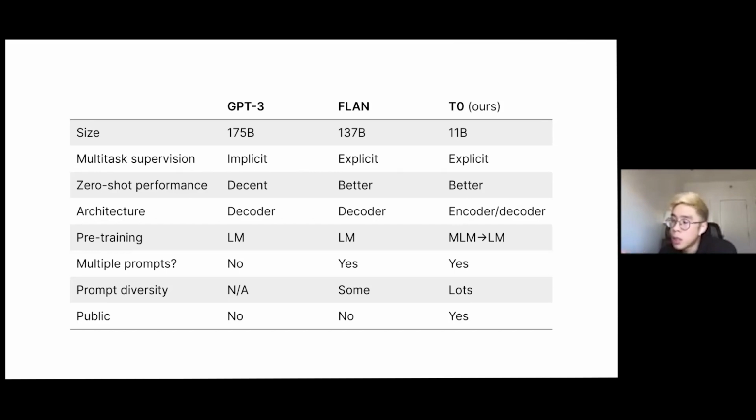We use this denoising objective plus an LM objective, a language modeling objective. They also have multiple prompts, but in T0 there's much more diversity. And we extrapolate that these were some of the driving forces behind this difference. And there will be a more detailed analysis in another paper soon.